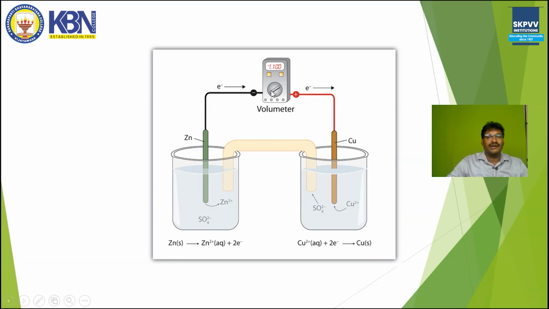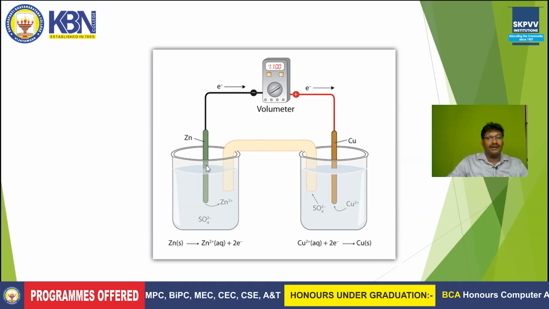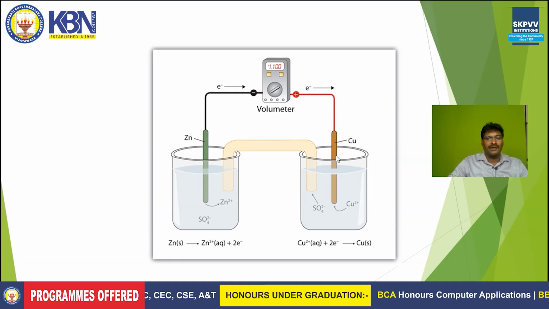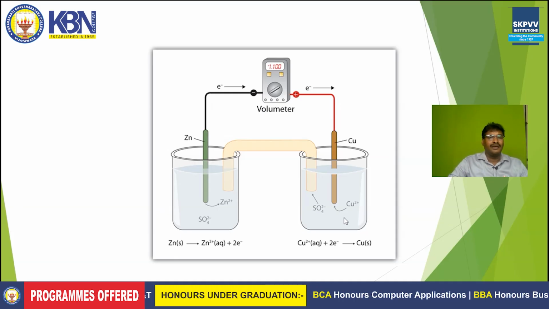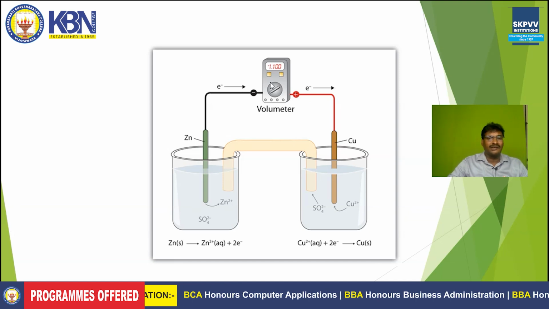Both are connected through a copper wire via a voltmeter, a current indicator, or simply you can put a bulb here. This is the construction of the electrochemical cell.